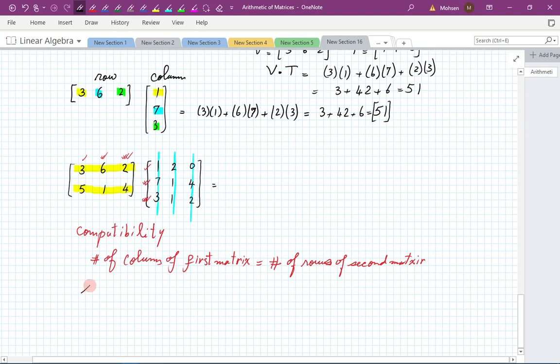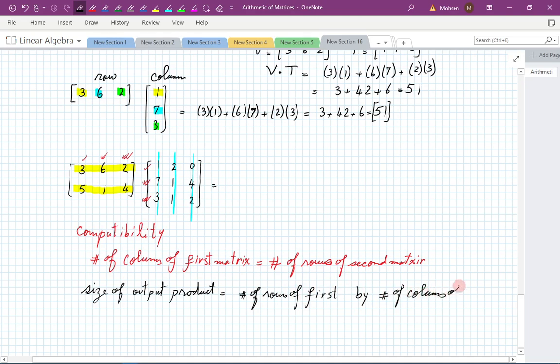So the size of the output product is a matrix that has the number of rows of the first by the number of columns of the second.